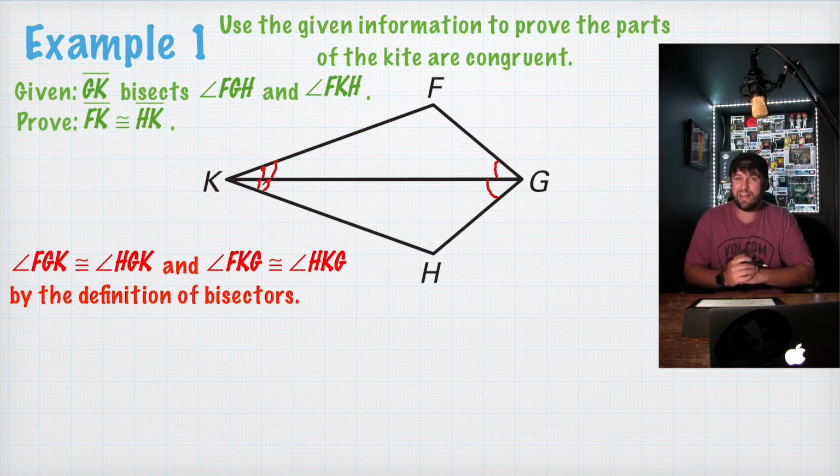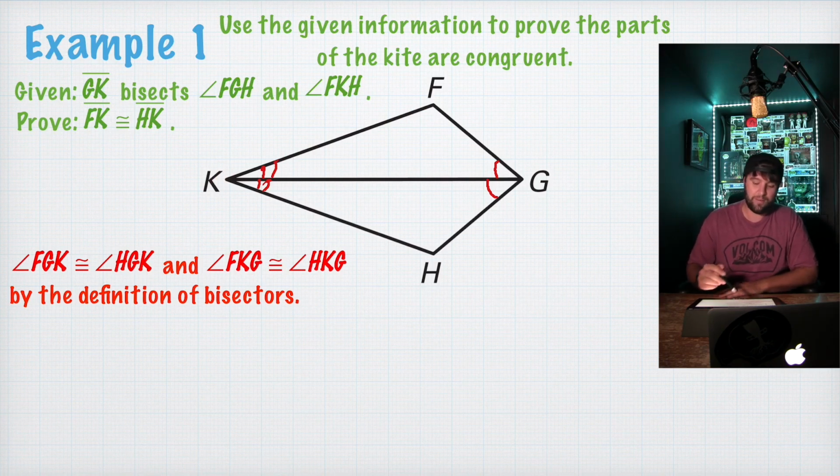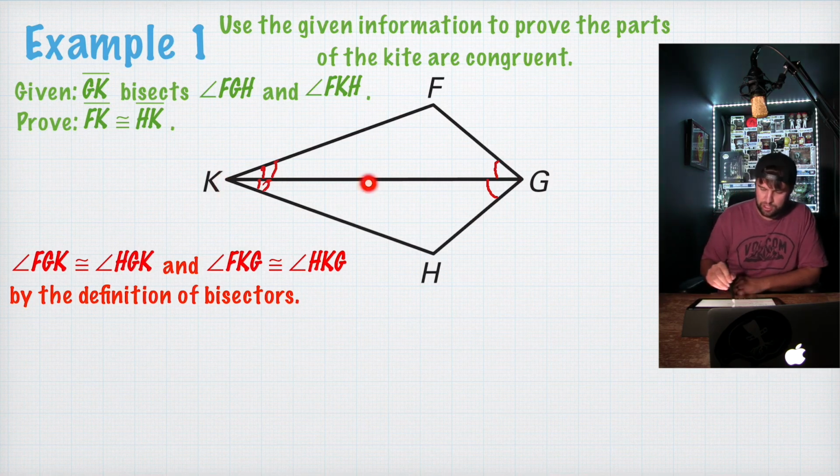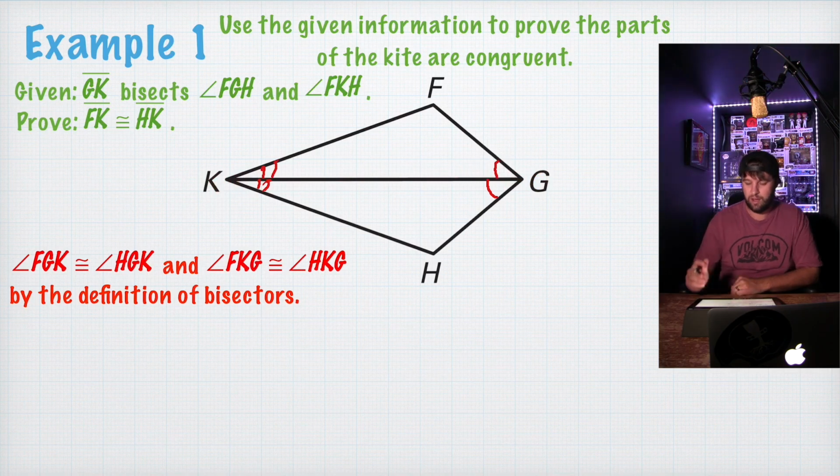We just learned on the last slide, if you could prove the two triangles are congruent, you could prove all their parts are congruent. So to prove FK is congruent to HK, we're actually going to have to prove the two triangles are congruent. And we're actually only like one step away from being able to prove the two triangles are congruent because the two triangles share a common side, which is GK or KG.